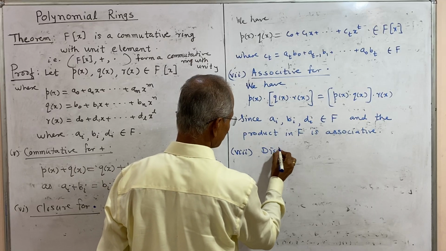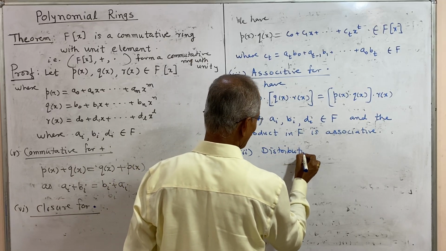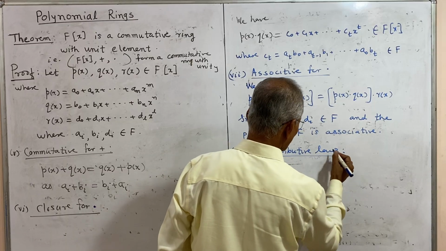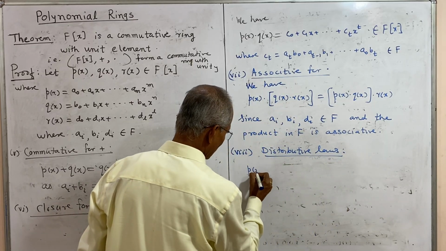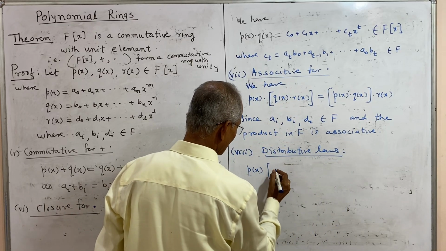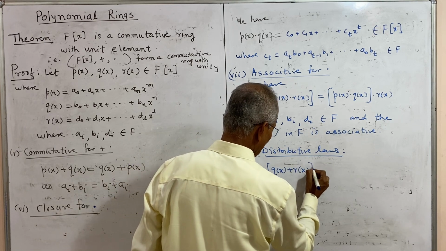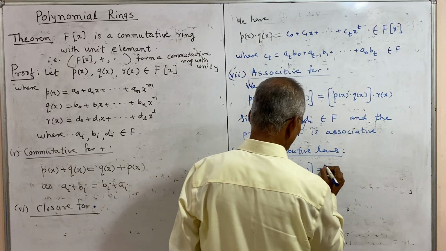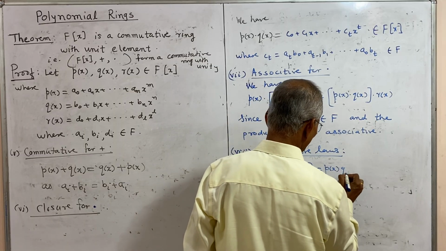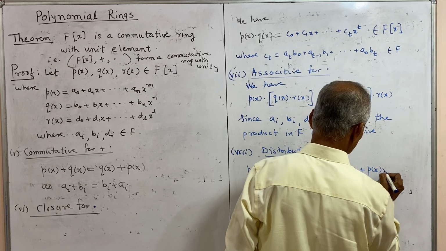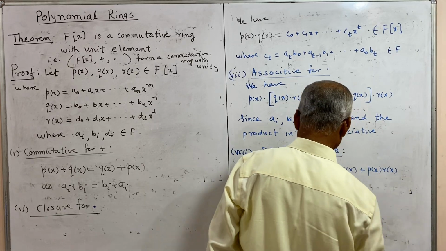Distributive laws: p of x into bracket q of x plus r of x is equal to p of x into q of x plus p of x into r of x. That is one.